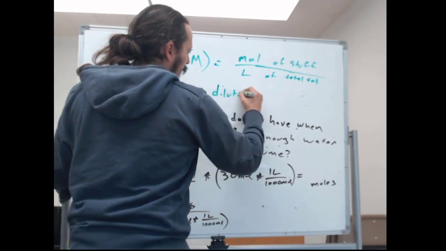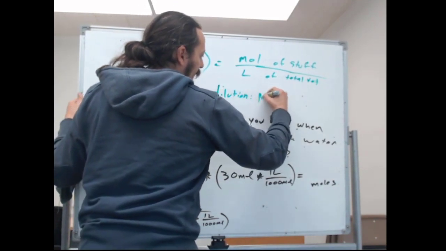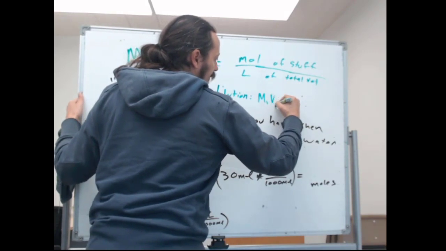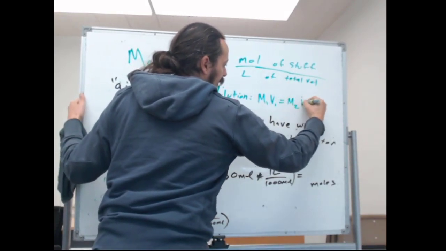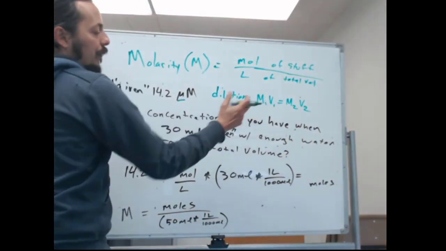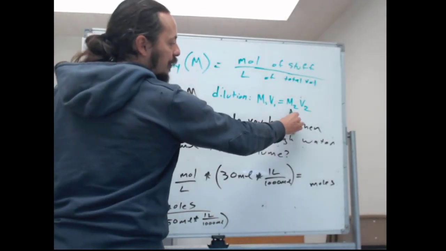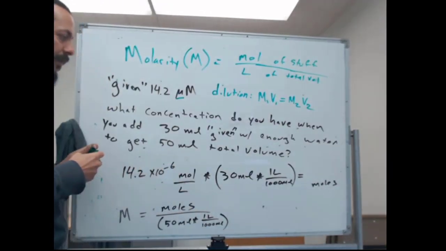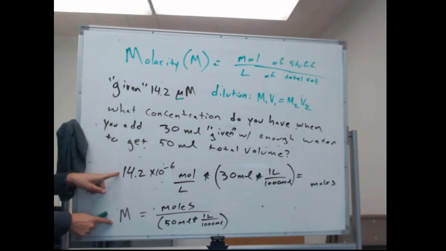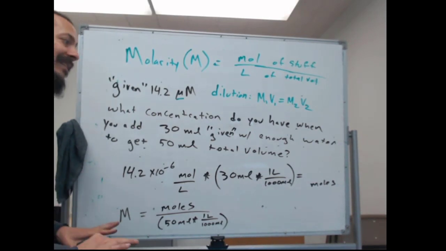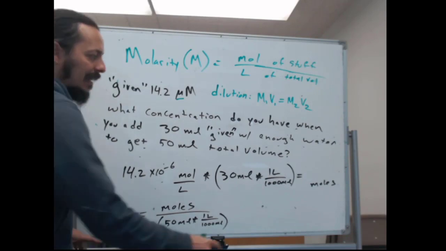Now, this is technically a dilution problem. And one of the ways that you can do dilution problems is you can use the equation M1V1 equals M2V2. Your first molarity times your first volume equals your second molarity times your second volume. The reason this works is because we're only adding water. We're not changing the amount of yellow dye.